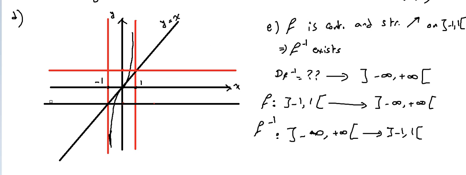Let it be black. This is an asymptote, right? This is a horizontal asymptote. And this is the other horizontal asymptote. And simply, it goes from minus infinity to plus infinity.